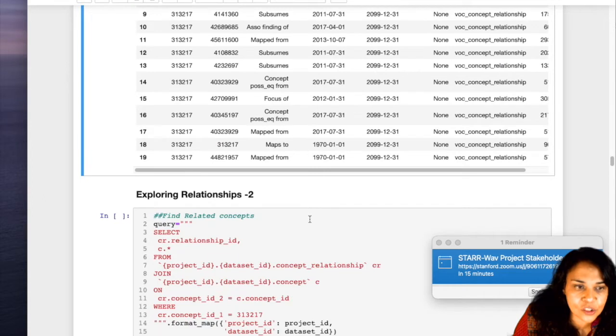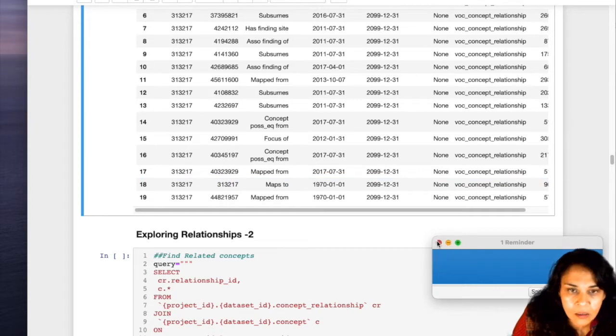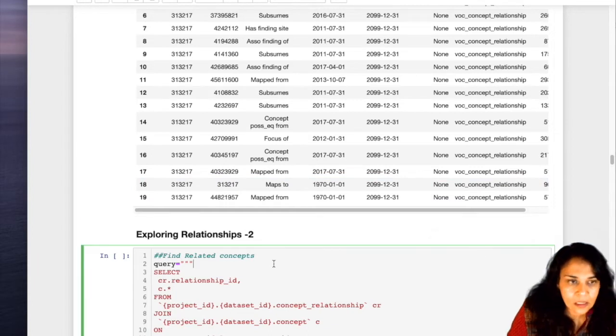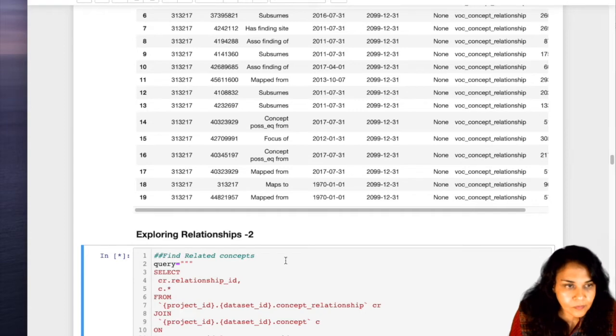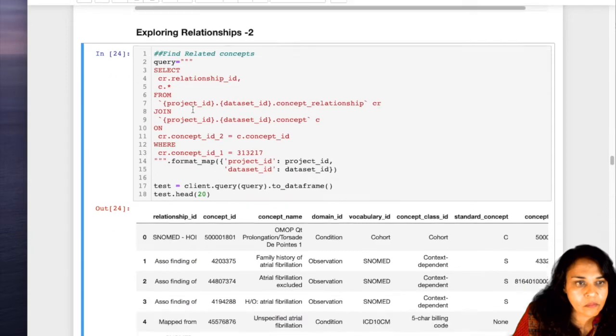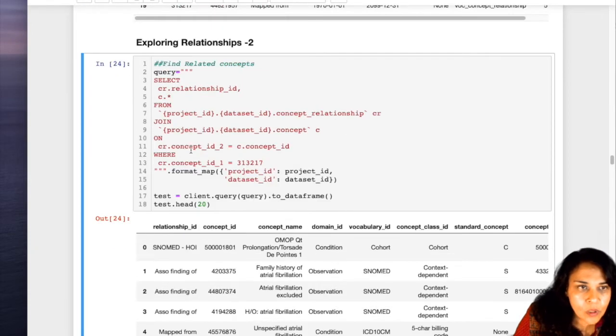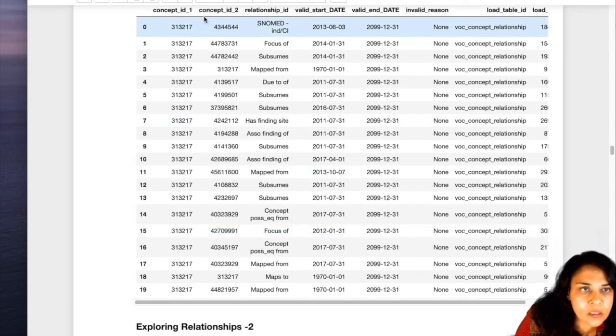If we actually want to see what these concepts are, let's go ahead and run the next cell. So I know concept ID 1 was atrial fibrillation.